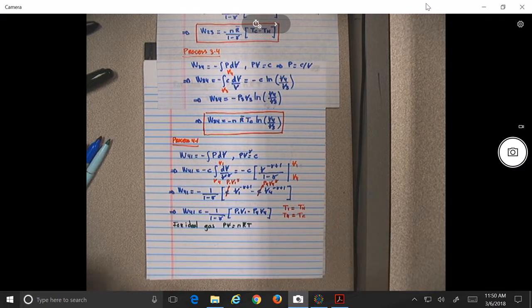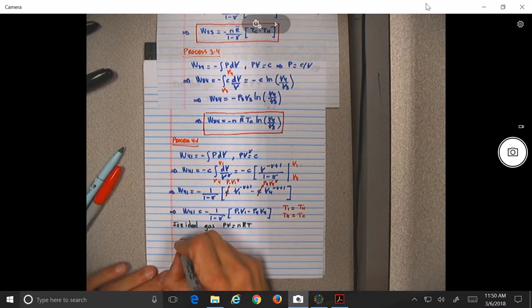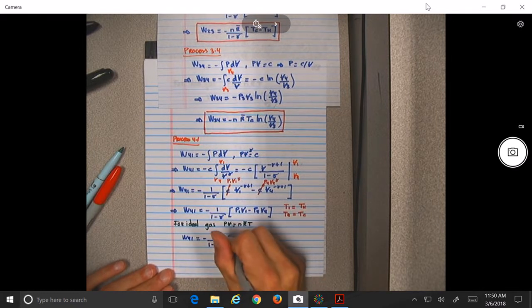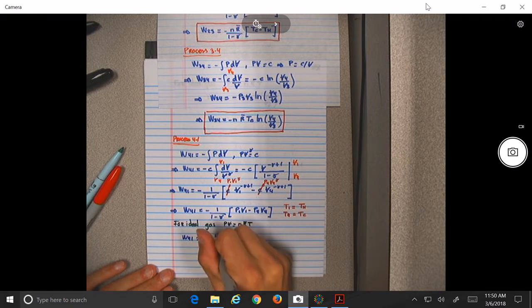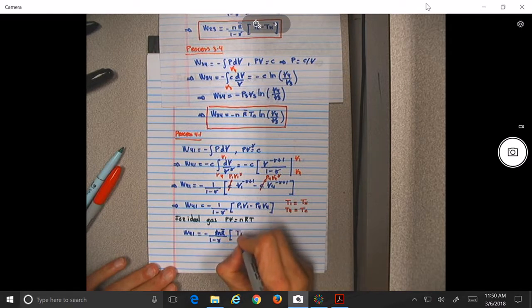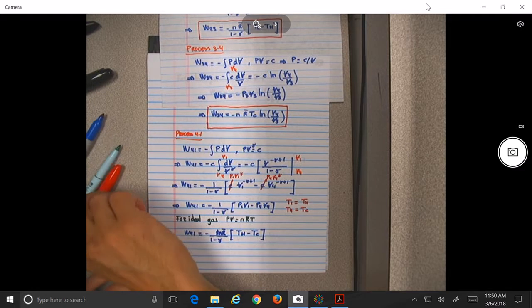So basically we have at the end the relation work for 1 equal to minus 1 over 1 minus gamma. Oh, sorry, let me put the N over here, N R bar, and this will become T hot minus T cold.